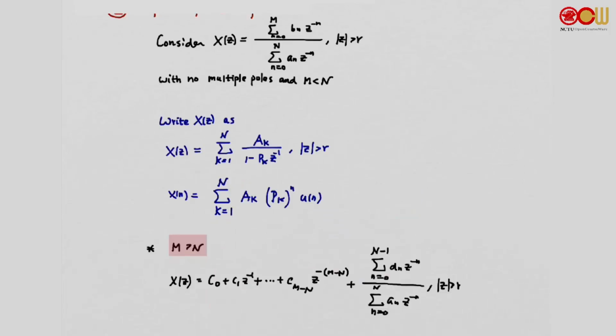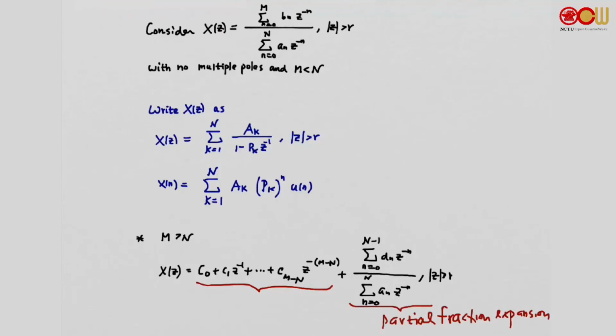In the case that M is larger than N, then we can pull out terms from the numerator, and we now have c0, c1 z inverse, up to c_{M-N} z^{-(M-N)}. The rest of the numerator is the leftover terms, and the denominator stays the same. Now we can apply the inverse Z-transform on this part and this part separately.